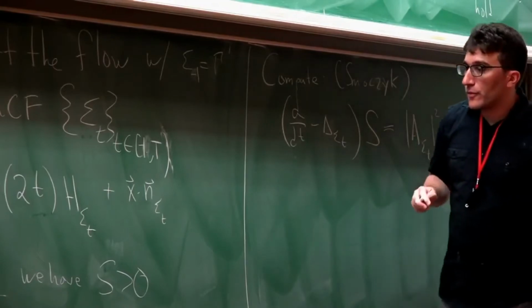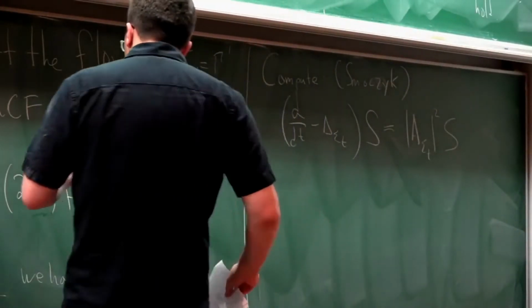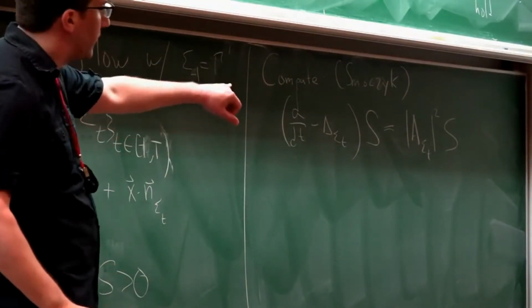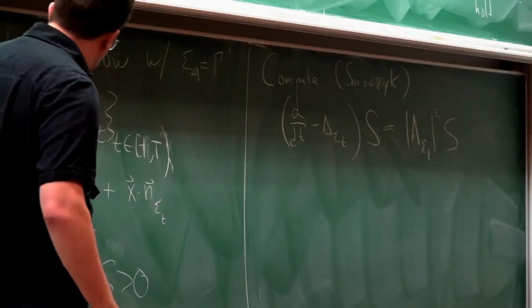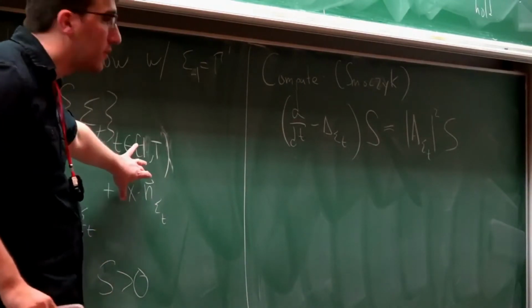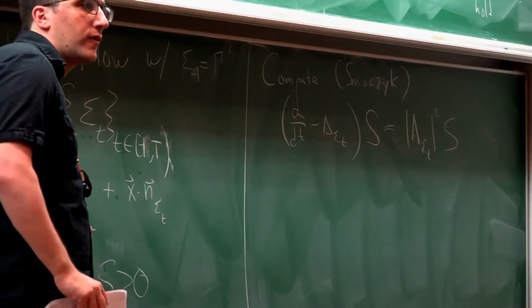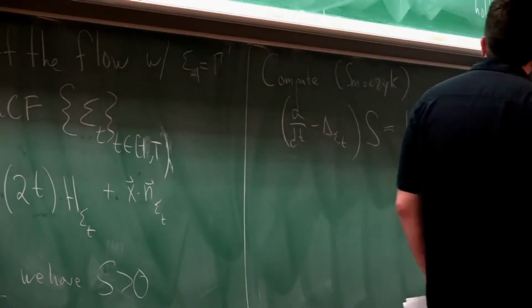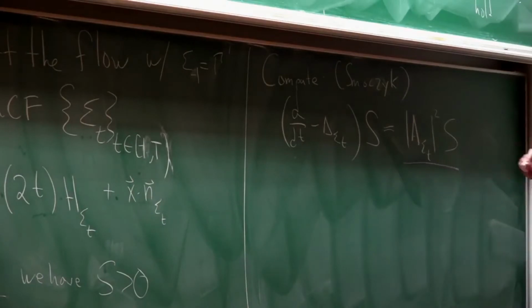If you know anything about mean curvature flow, you know that the mean curvature satisfies this equation. So it turns out even if you multiply by the time and include this term, then this also satisfies this equation. But the point is, this is of course such a good sign for the maximum principle.